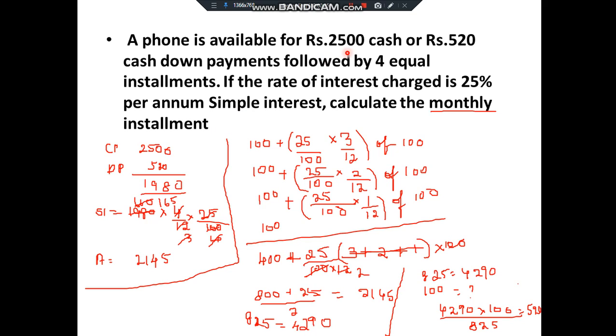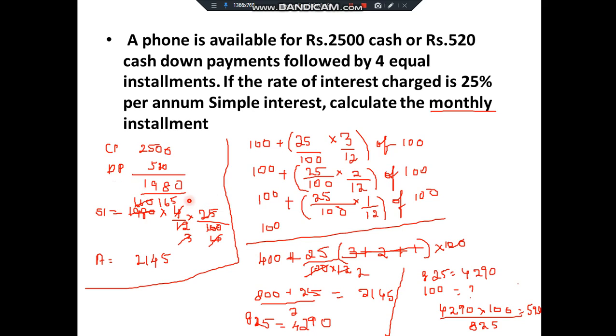So 2,500 is our cash payment value. In that your down payment is 520, after which your total value is 1,980, which is nothing but your principal. Get my point? Now you will have to find the simple interest.